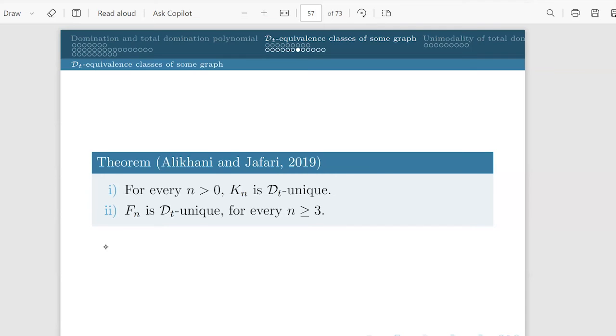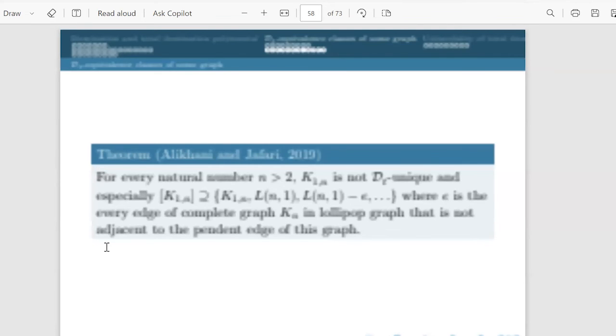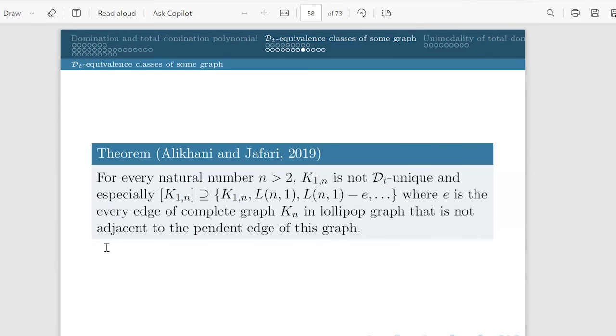And you see another theorem about the class of the star. You see here in this class we have the lollipop graph L_{n,1} minus E, and so on. So the total domination polynomial of a star graph is not unique.